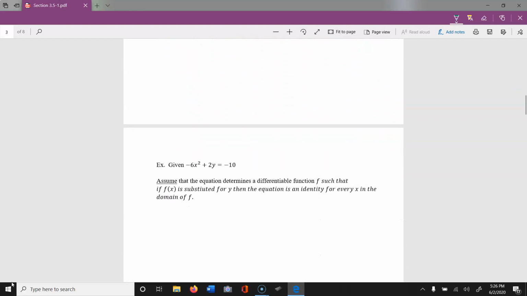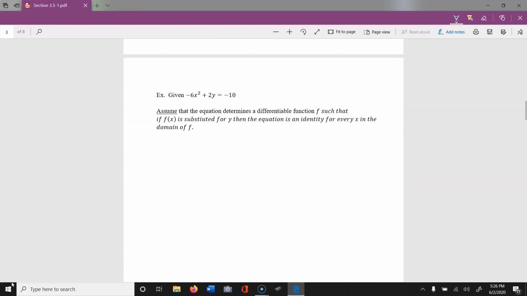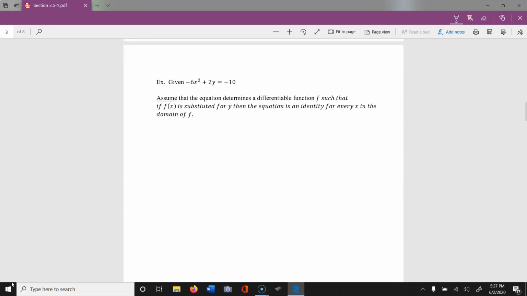Okay. So now let's go and take a look at this example here. So suppose we're given the equation, the relation, minus 6x squared plus 2y is equal to negative 10. Okay, here's the big assumption we're going to make here. We're going to assume that the equation determines a differentiable function f, such that if f of x is substituted for y, then the equation is an identity for every x in the domain of f.